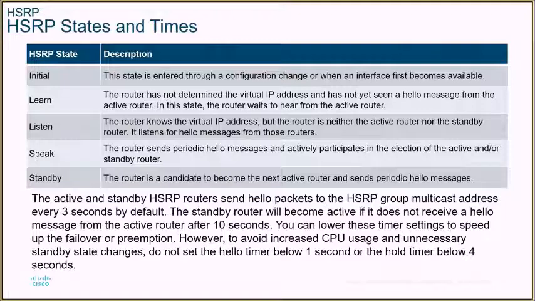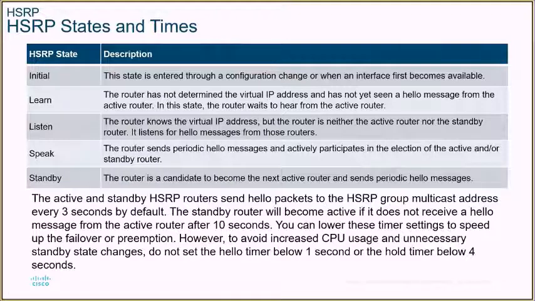In the listen mode, the router knows the virtual IP address, but the router is neither the active router nor standby. It listens for hello packet messages from those routers. In the speak mode, the router sends periodic hello packet messages and actively participates in the election of the active and/or standby router. And of course, the standby mode means the router is a candidate to become the next active router and sends periodic hello messages.